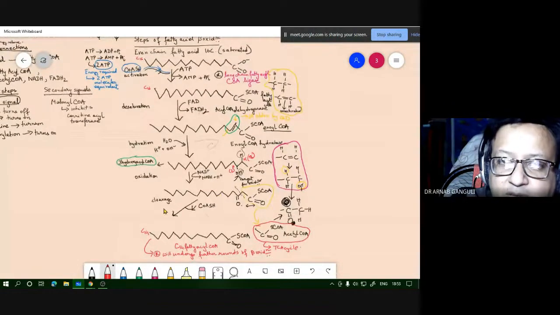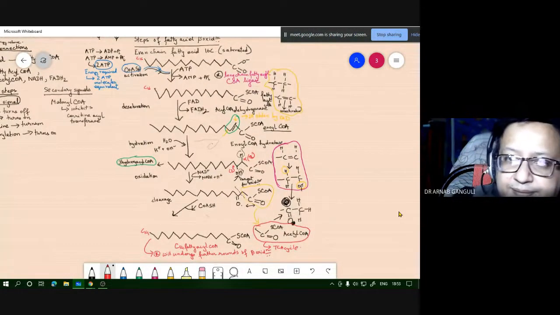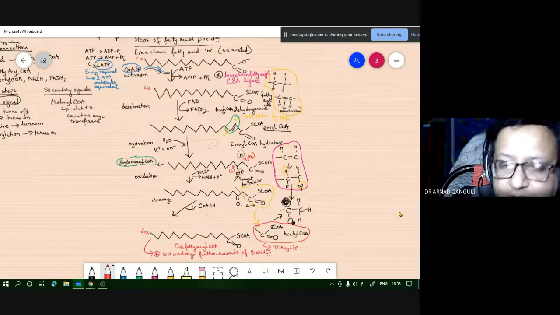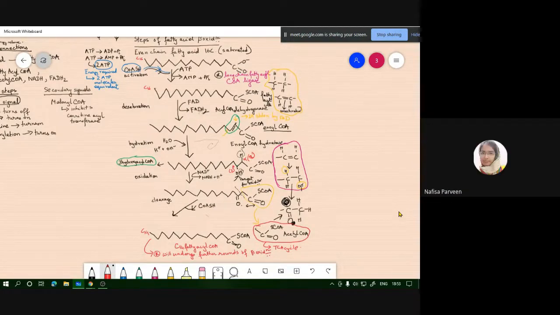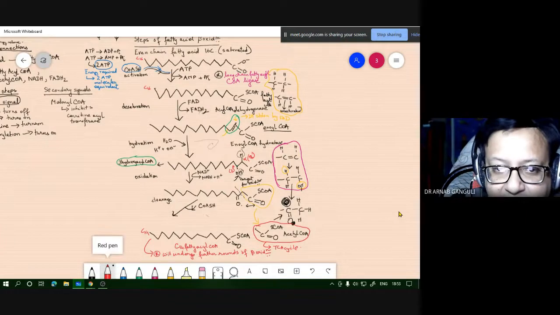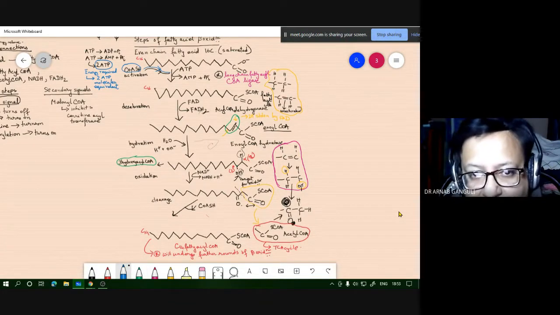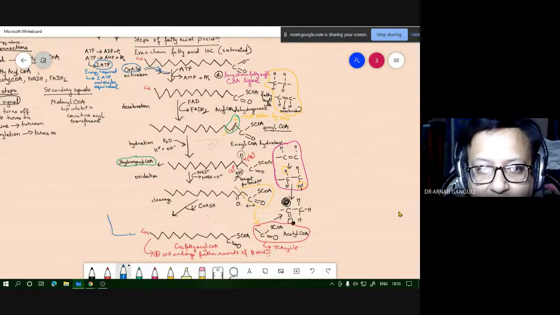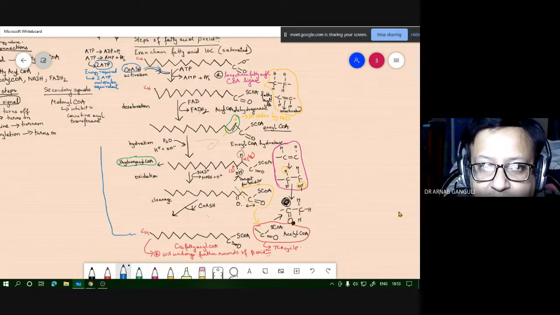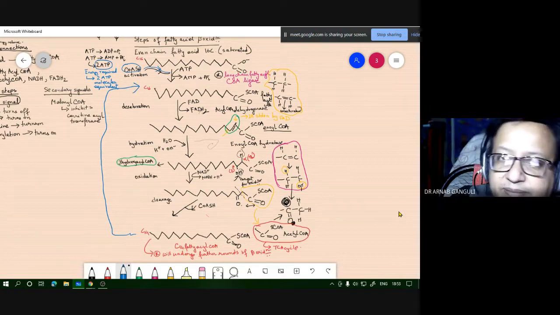Are you able to see the whole step? Yes, sir. Now what happens? I'm drawing it in blue. This will again go to this step, not the first step.